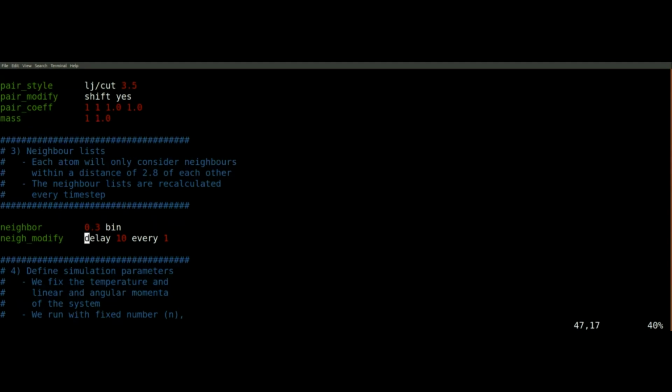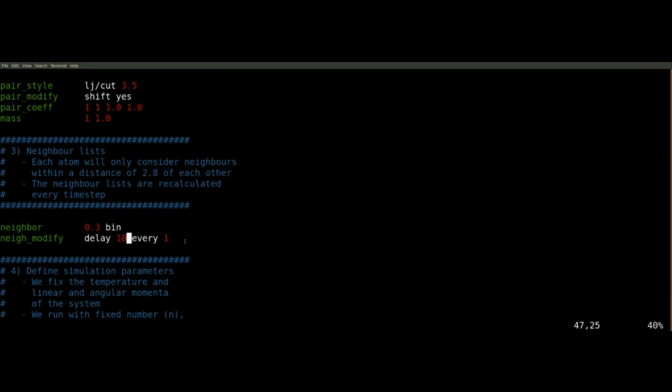In your neighbor modify, you state a delay time, and the delay is essentially telling LAMMPS you are not allowed to build a neighbor list unless this many time steps have happened. And you also need to tell it an every time. The every time tells LAMMPS that, if you can, you must build a neighbor list every this number of time steps after a delay. The delay must be a multiple of the every command.